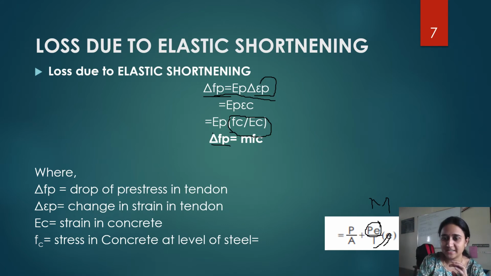So that's why Fc is P by A plus P e square upon I, that means stress in concrete at the level of steel.